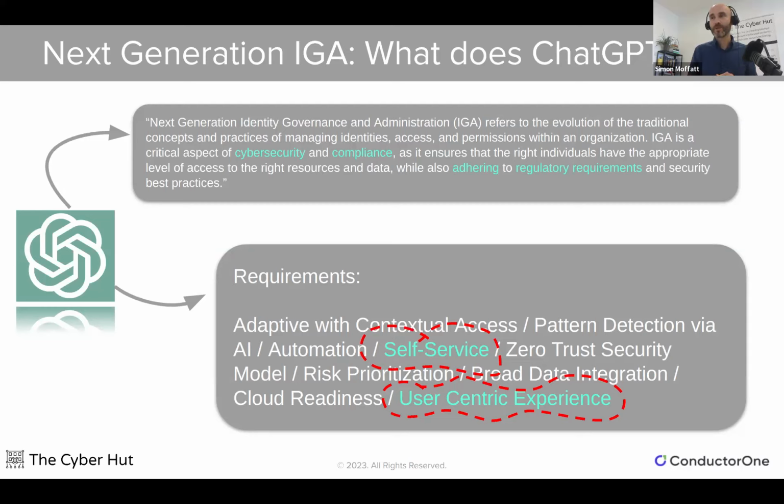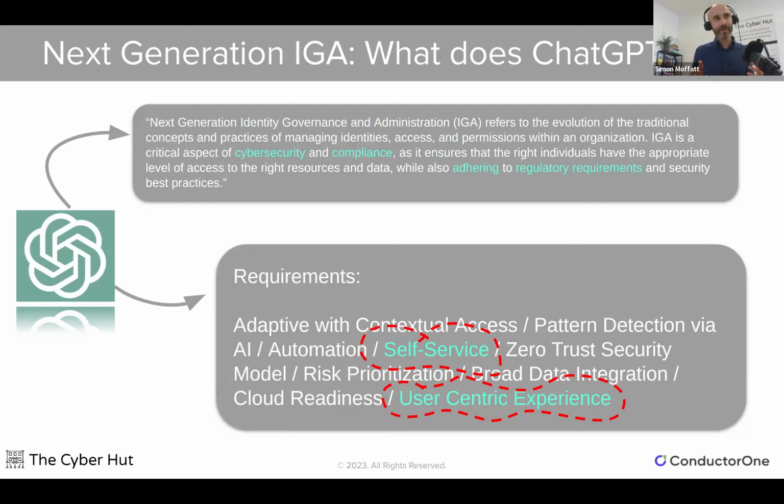Automation we've touched on a little bit, but the two that I've highlighted there are self-service and user-centric experience. These are not things you would immediately associate with IGA version 1 from 2010 or so, where it was all about compliance reports, dog-ugly things to use, terrible user interfaces for the approver. The approver would just tick everything and approve everything because the UX was so terrible.